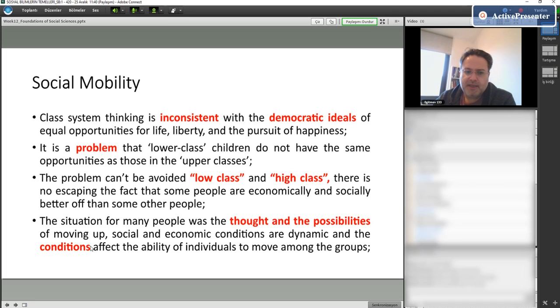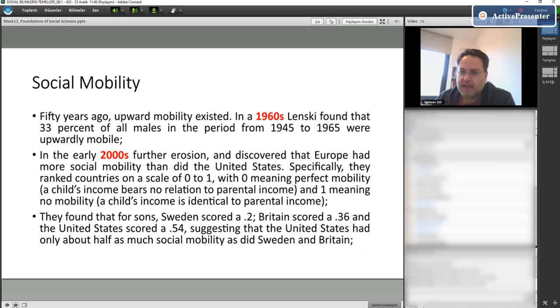So the situation for many people was the thought and the possibilities of moving up. So people believe in modern societies, in higher civilizations, that they can move up, right? By studying, by increasing your degree level of education, by obtaining a good job as a professional, and obviously these would add up to a higher socioeconomic position and status.